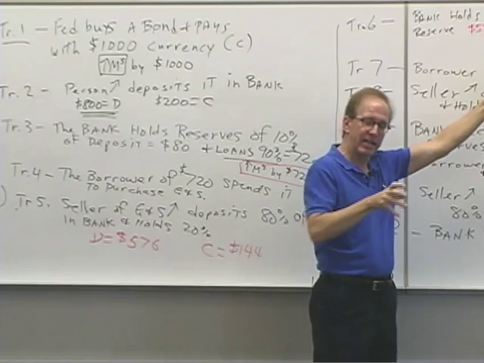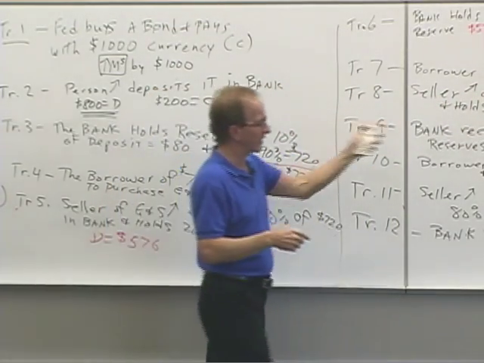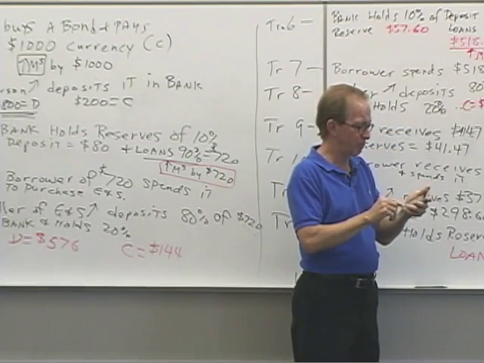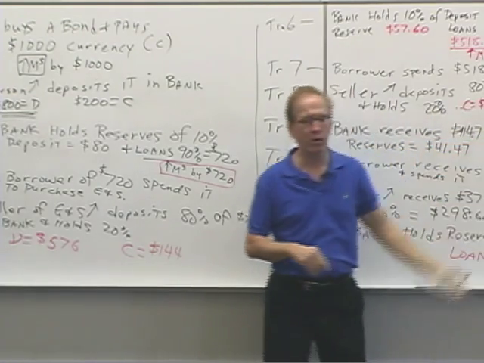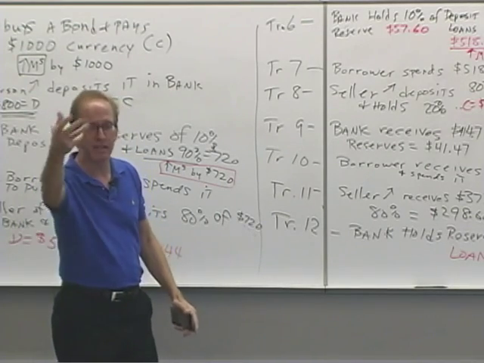The banker then takes that deposit coming in, holds 10%, loans out 90%, and so we get down to that $518.40 times 72%, which is $414.72. And then the $414.72 is a loan.